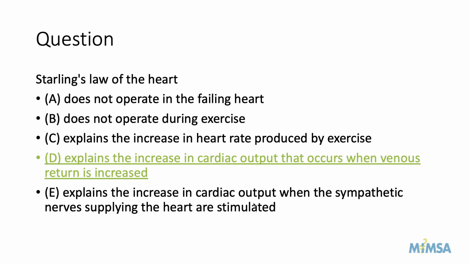And E, explains the increase in cardiac output when sympathetic nerves supplying the heart are stimulated. The reason why cardiac output is increased when the sympathetic nervous system is stimulated is because it increases the contractility and it also increases the heart rate, and so increases stroke volume and heart rate, so that increases the cardiac output. So that's not to do with the Frank-Starling law. So D is the answer.